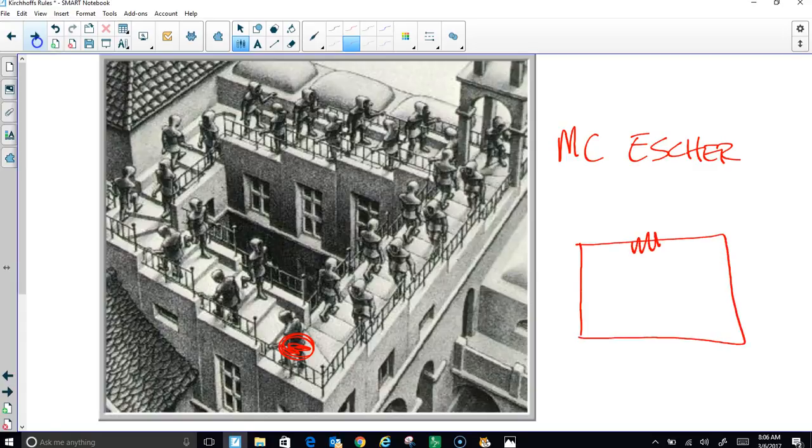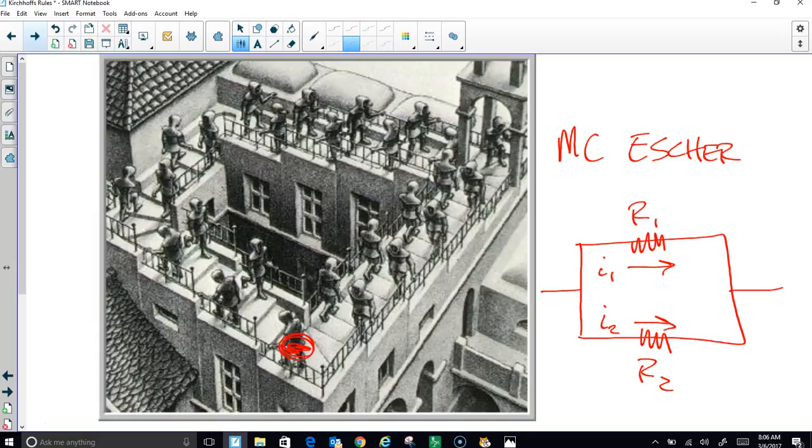So let's just consider a parallel branch. For any closed loop like this, you would see in a circuit, I'm going to call this resistor 1 and this resistor 2. And I'm going to say the current is that way for both. Say this is I1 and this is I2.